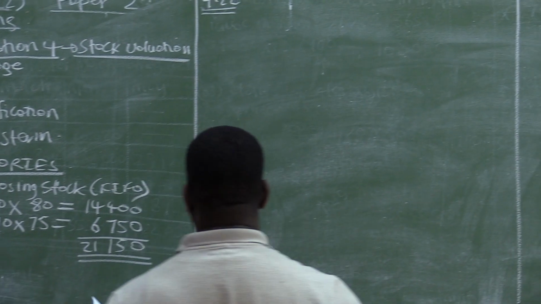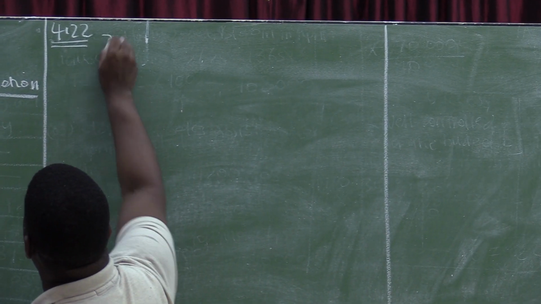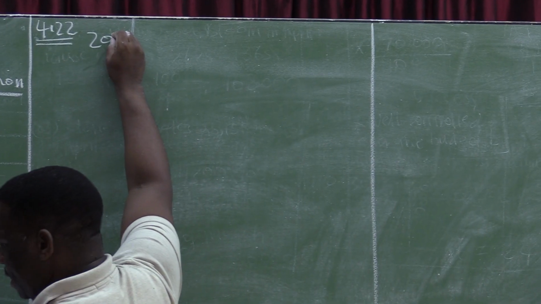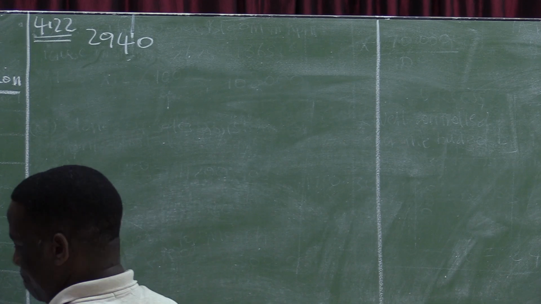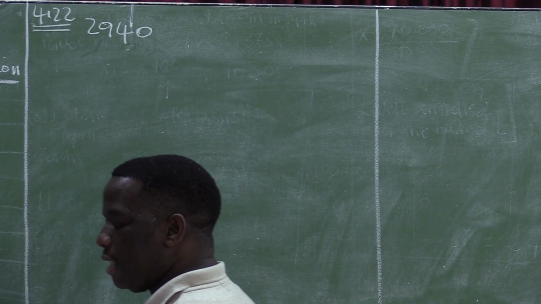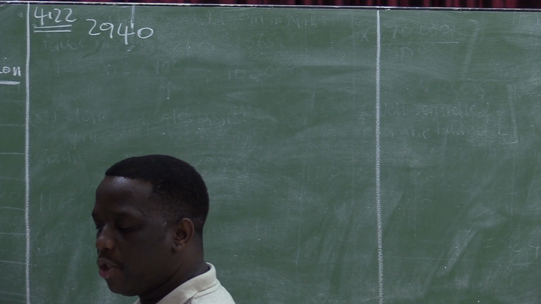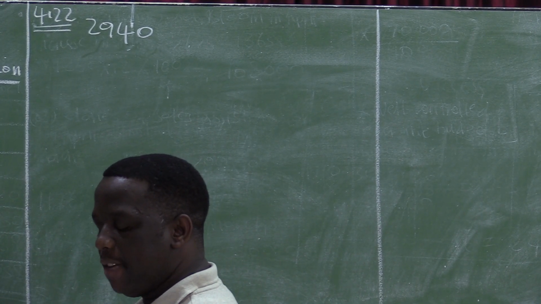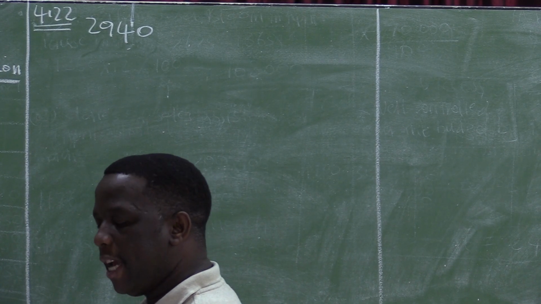So it means we need to calculate everything that we are having. We were having 2,940 available for sale. This 2,940 is made up of 230 opening stock plus 2,750 purchases minus 40 returns.